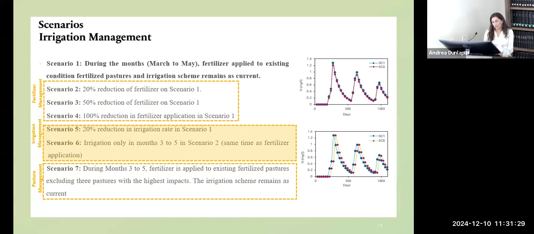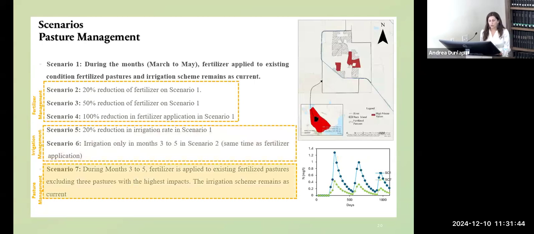That was something we expected because of the wet condition of the Buffalo Ranch area, and not much irrigation is generally applied there. So the third group was the pasture management.